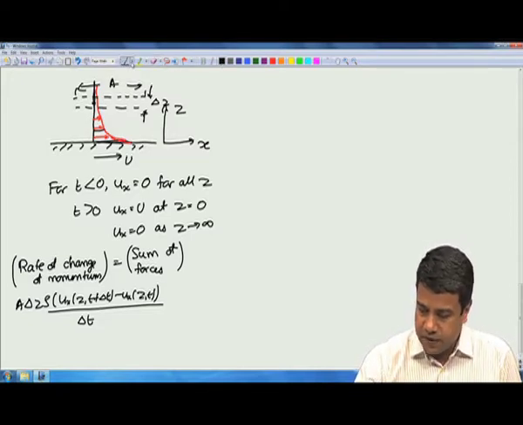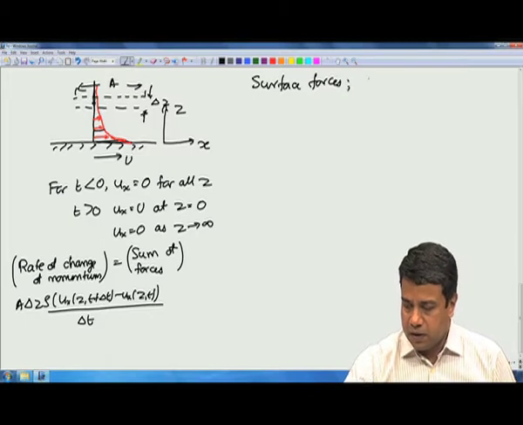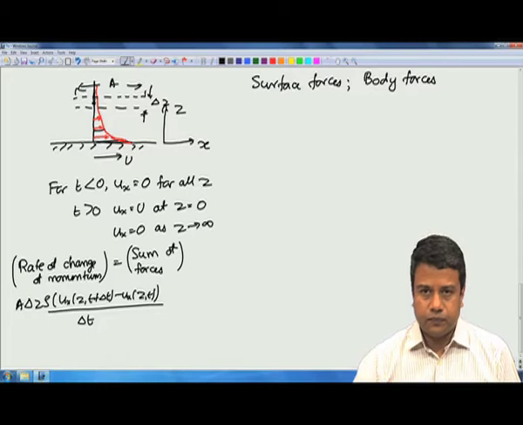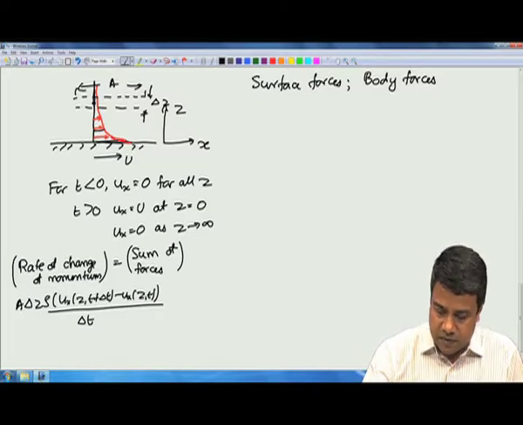One is surface forces, and the other is body forces. The body forces are proportional to the volume itself, the gravitational force for example, whereas the surface forces are proportional to the surface area. These surface forces act on two surfaces, the bottom surface here and the top surface here.